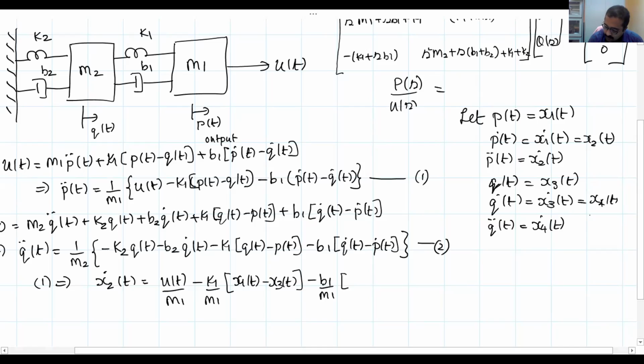P dot is x2, Q dot is x4, so x2 of T minus x4 of T. This is equation A.